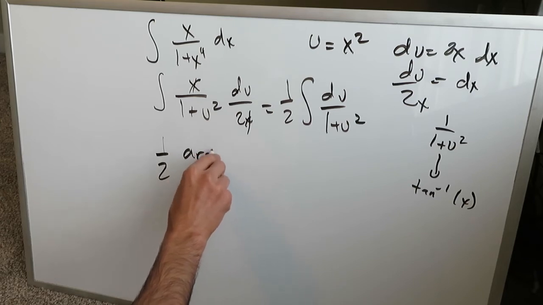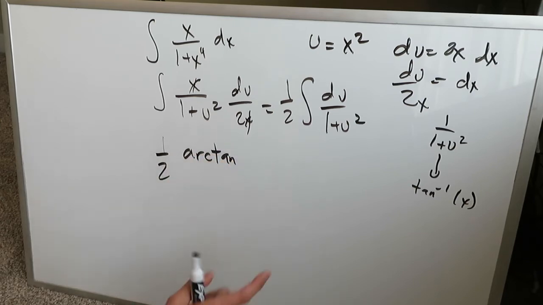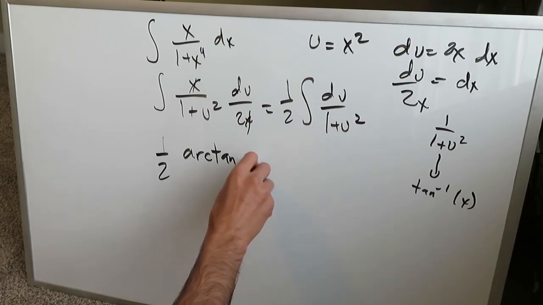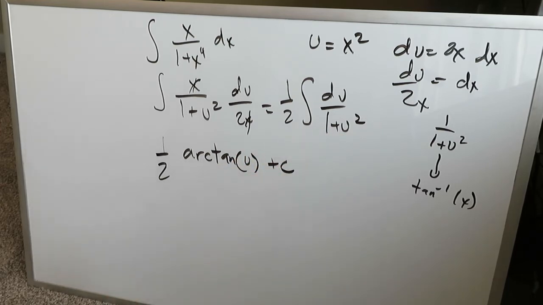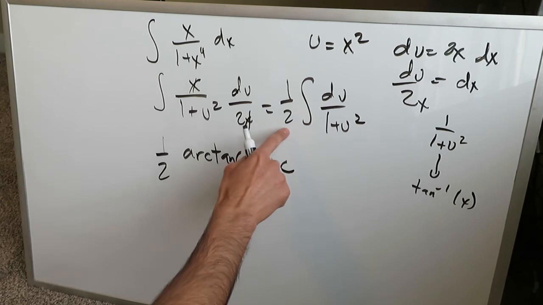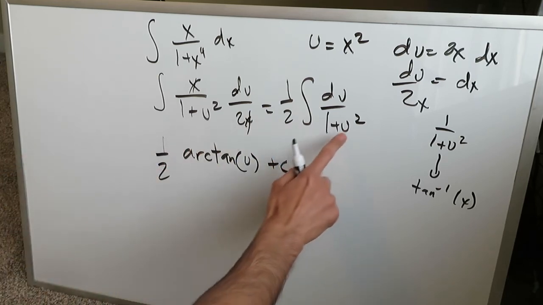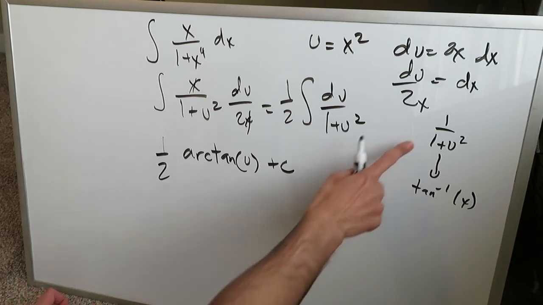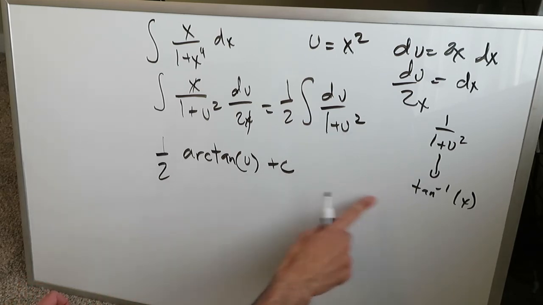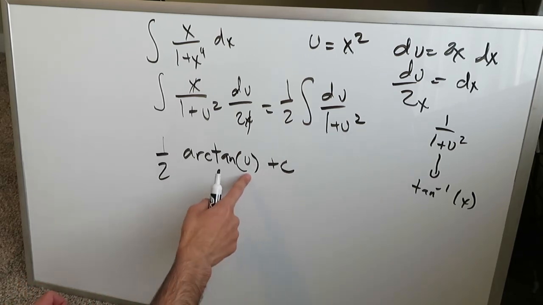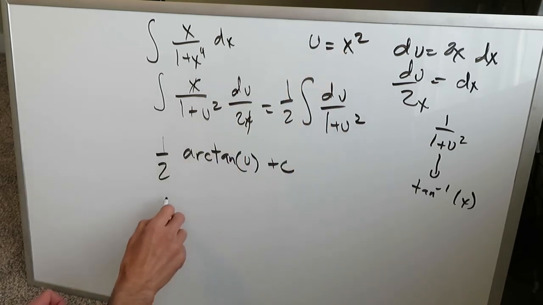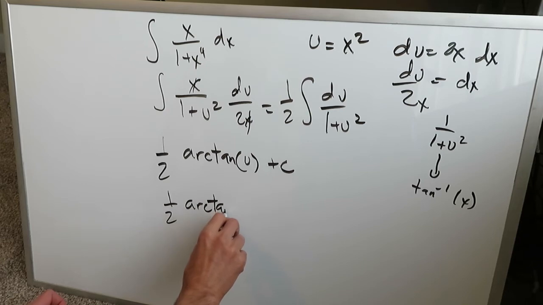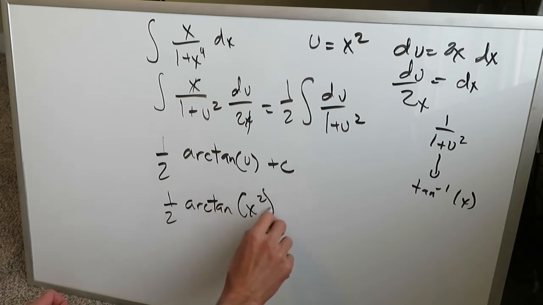Your answer will be arctan, but now look, here we're talking about x's, here we're seeing u, so you have to say u plus c. The 1 over 2 has come over here. This thing, based on the previous derivation process, is going to give you an arctan, and I have that. But you have a u over here, so you have to resubstitute back that u. Your final answer will be 1 over 2 arctan x squared plus c.